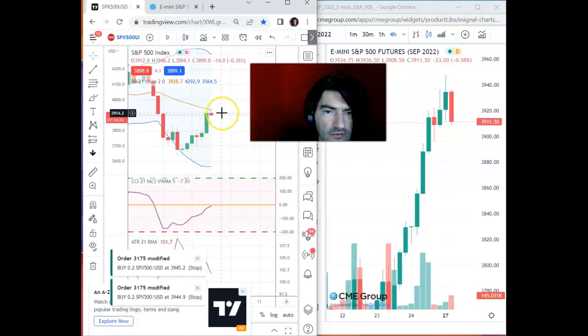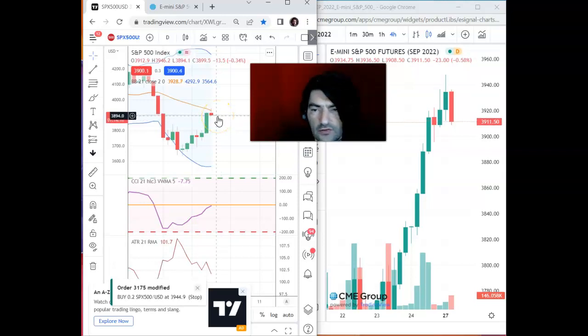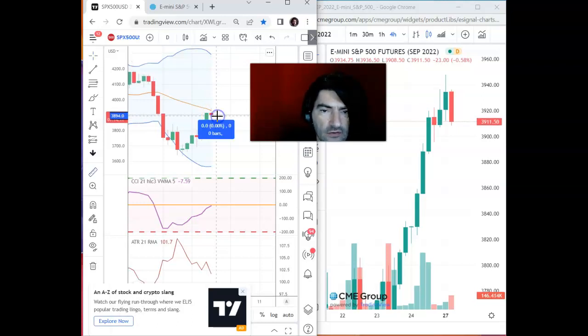So if we go from here, although I actually entered the trade a bit lower down, just to give you an idea, I could show you my target, but I've taken that off the chart just to make it a bit cleaner. I think I entered the trade about here.